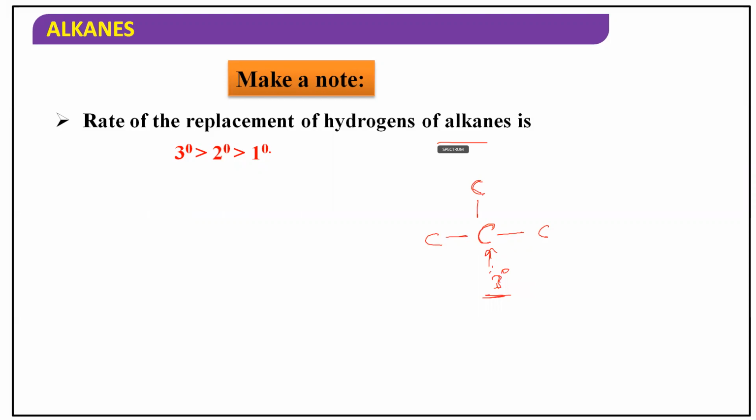Whatever hydrogen is connected with this will be a 3 degree hydrogen. So if a hydrogen is connected with a 3 degree carbon, that is called a 3 degree hydrogen. So the rate of replacement of hydrogen of an alkane will be 3 degree, then 2 degree, then 1 degree.